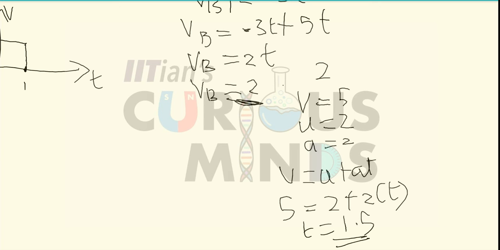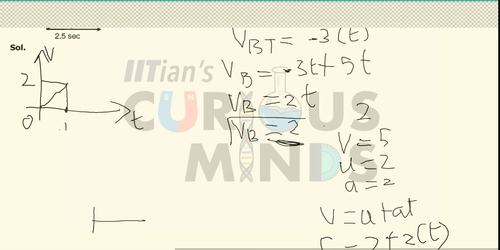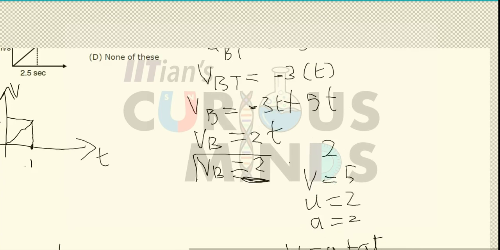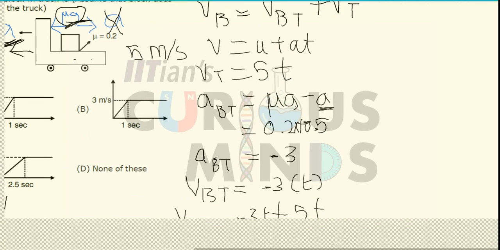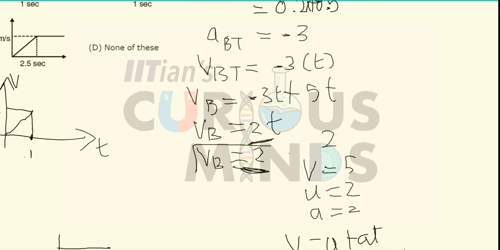So from 0 to 1 second, with respect to the truck, it is accelerating on the right hand side, but with respect to the ground its acceleration is equal to 2 meter per second square.